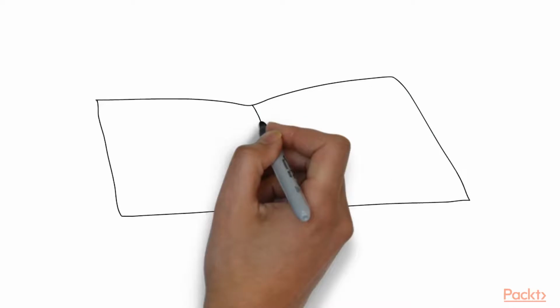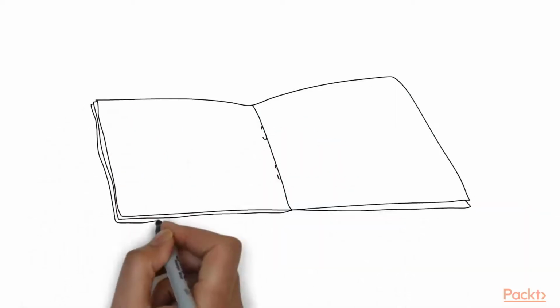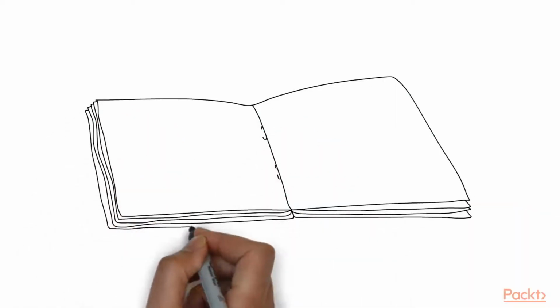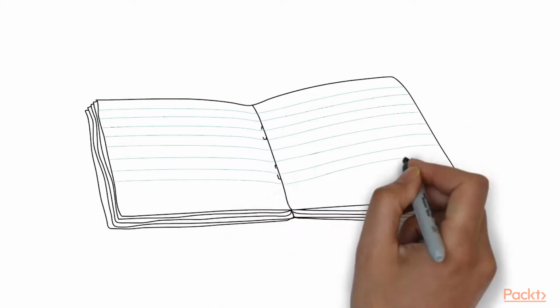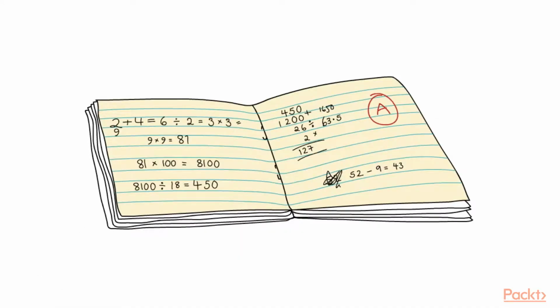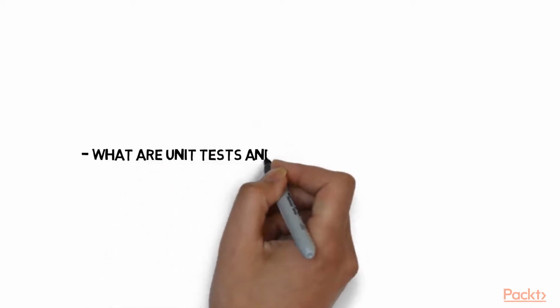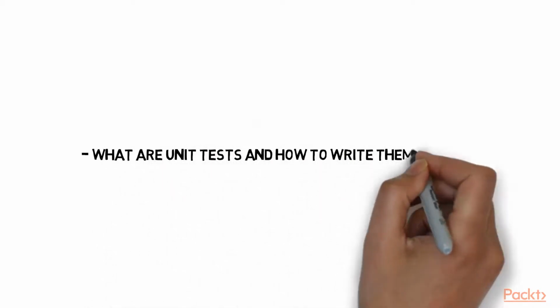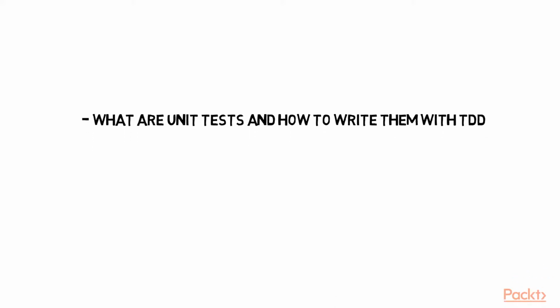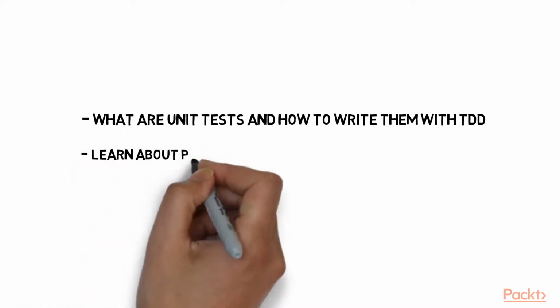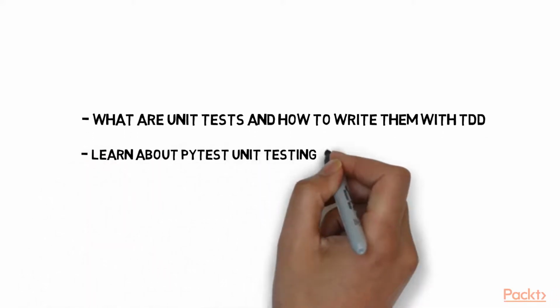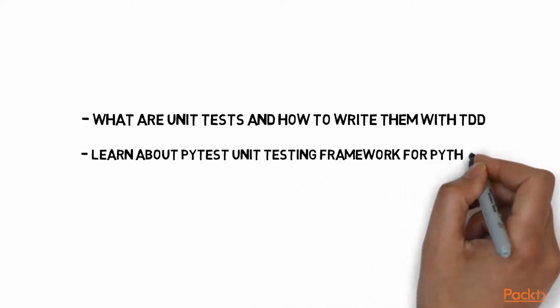The goal of this course is to teach you how to implement a suite of unit tests as you're writing your code using the practice of test-driven development. In this course, we'll learn what unit tests are and how to implement them using test-driven development and walk through some hands-on examples. We'll learn about the PyTest unit testing framework for Python and how it makes writing and running unit tests fast and easy.